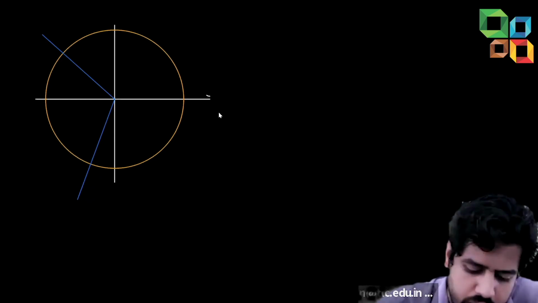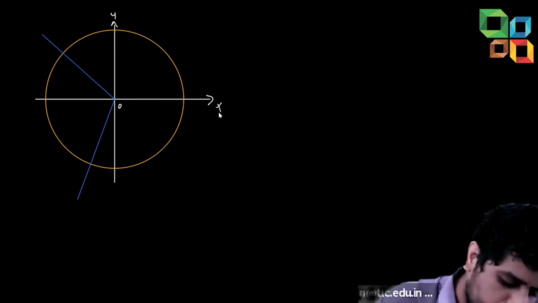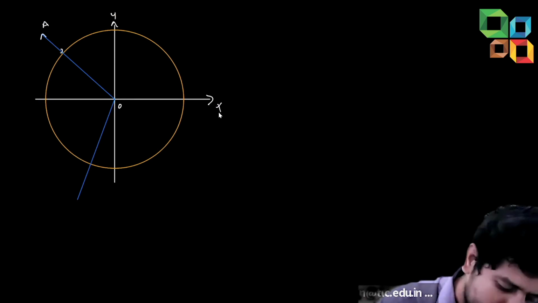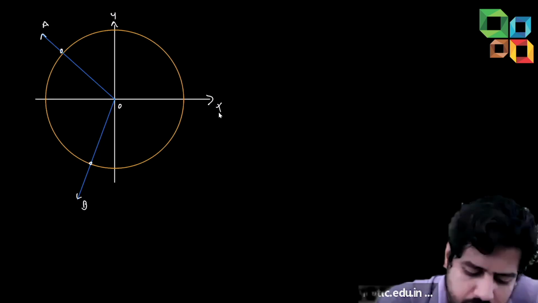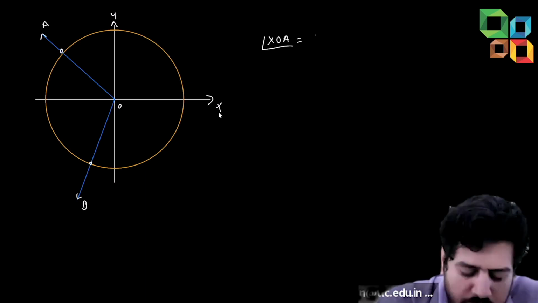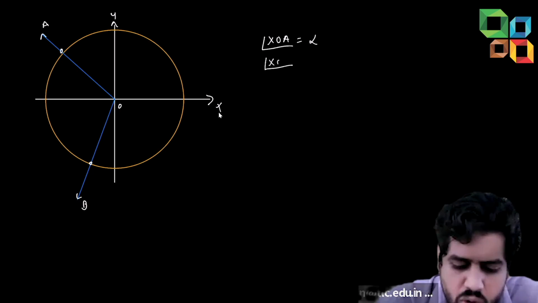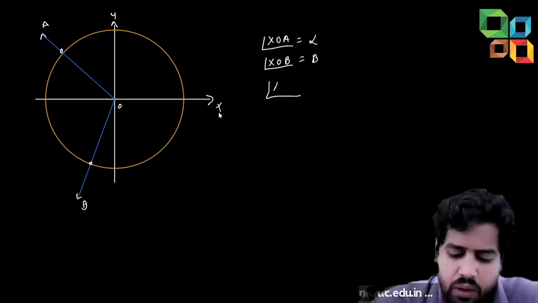Okay, so let me name X, O, Y, A, this point is B. So angle XOA is alpha and angle XOB is beta. What will be angle AOB?